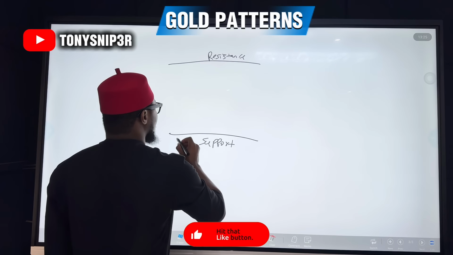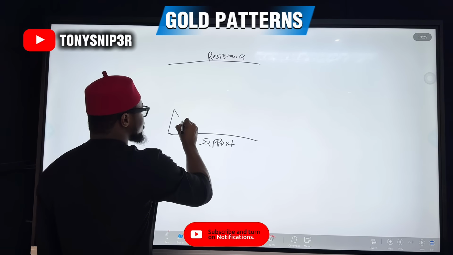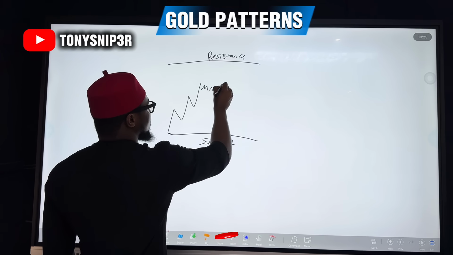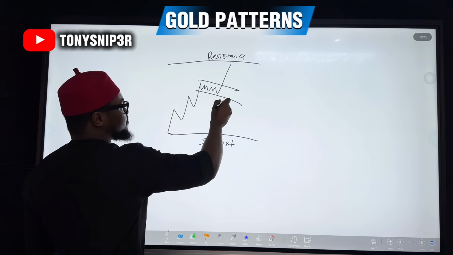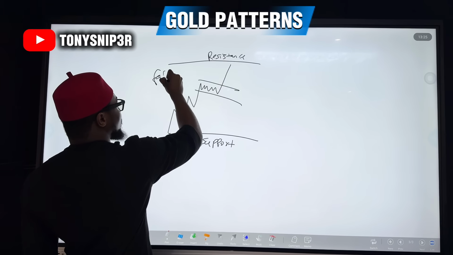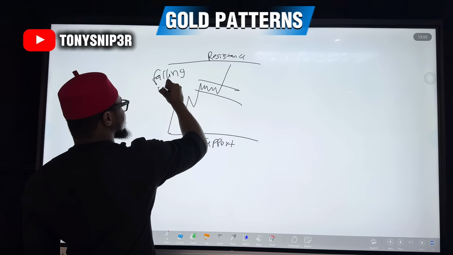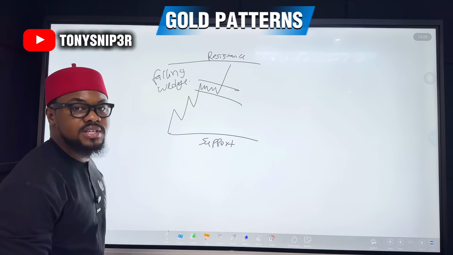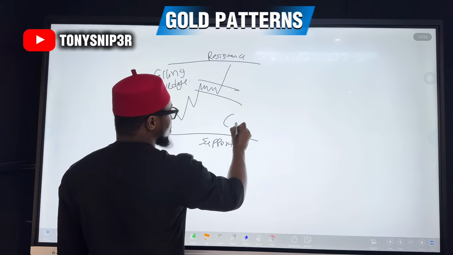Now, when the market pushes like this, what is this trying to tell you? This is a falling wedge. And what does a falling wedge signify? Continuation.